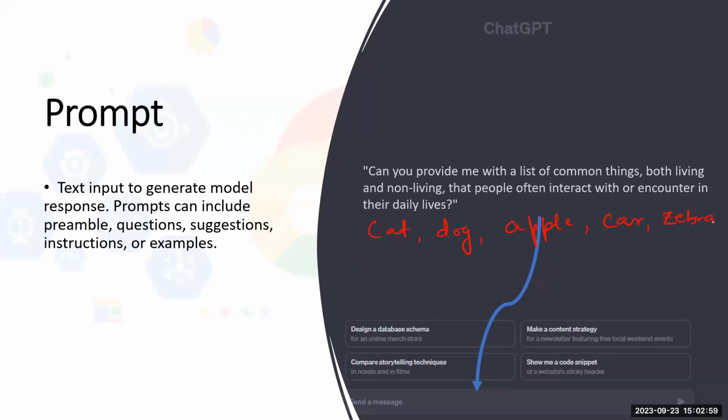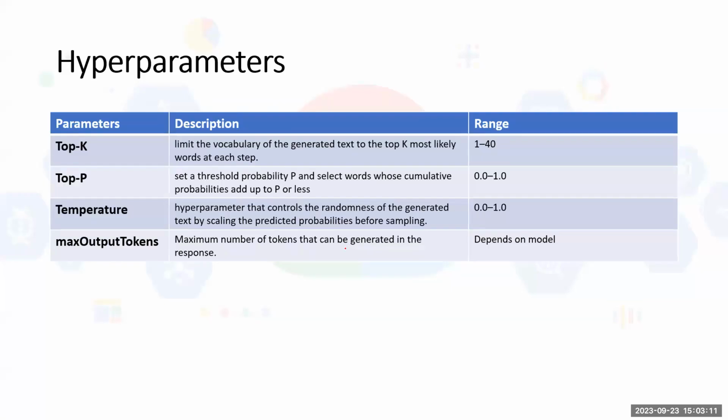Now let's have a deeper understanding. This was the input and we received this output. But internally, how was ChatGPT working to give me these answers? For this, there are mainly four parameters: top K, top P, temperature, and maximum output tokens.